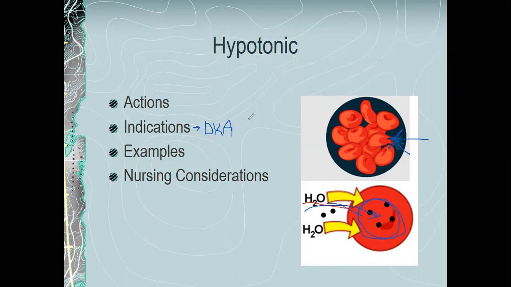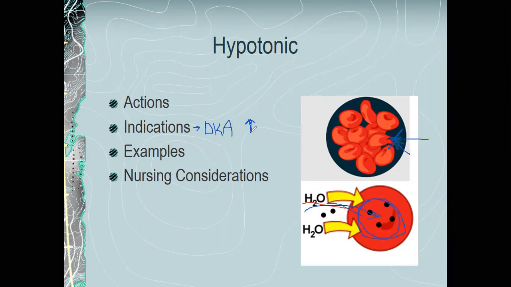If you've got a hyperosmolar state, so the osmolarity or osmolality is increased, then giving a hypotonic solution is going to make that a little bit more level playing field. That means the osmolality of the blood is elevated, which would have caused those red blood cells to shrink.